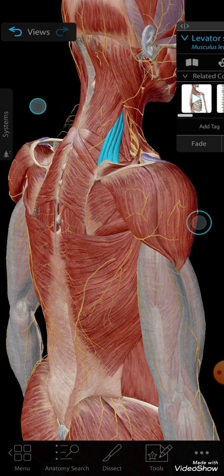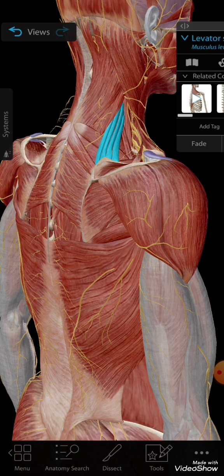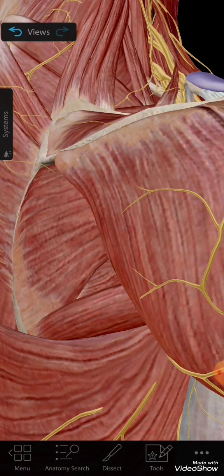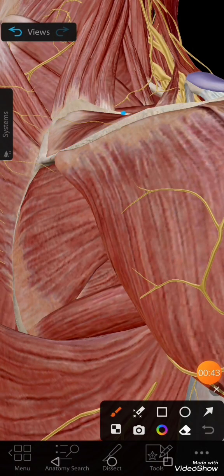This levator scapulae originates from the spines along with the transverse processes of the C1, C2, C3 and C4 vertebrae, and it is coming and inserting on that. Let me mark it with the help of a pen. You can see it is getting inserted on the superior angle and upper part of the medial border of the scapula. Can you see that?